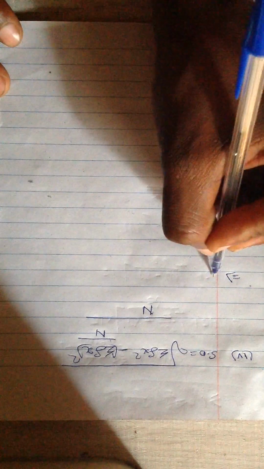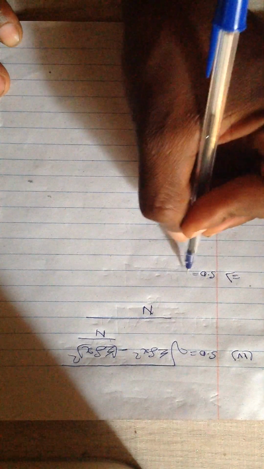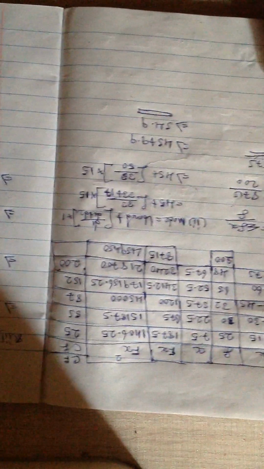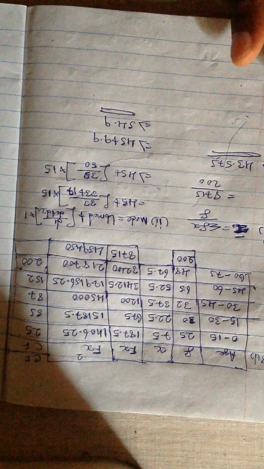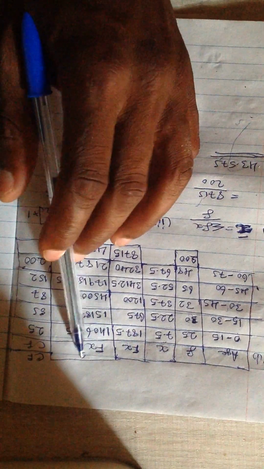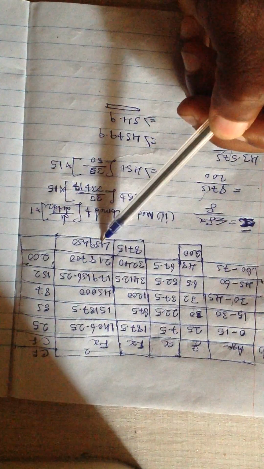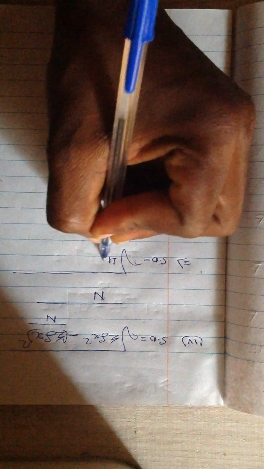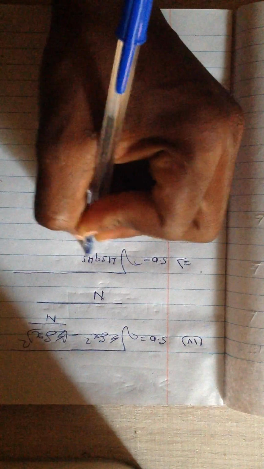So next step, SD is equal to the root of the summation of fx squared. We are supposed to come up with a table which looks like this, because the summation of fx squared here has our value, 4594.50.